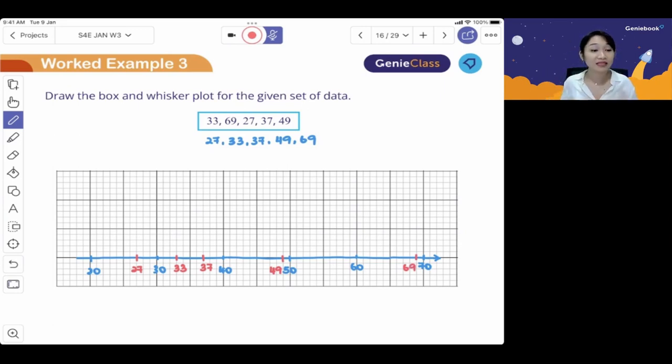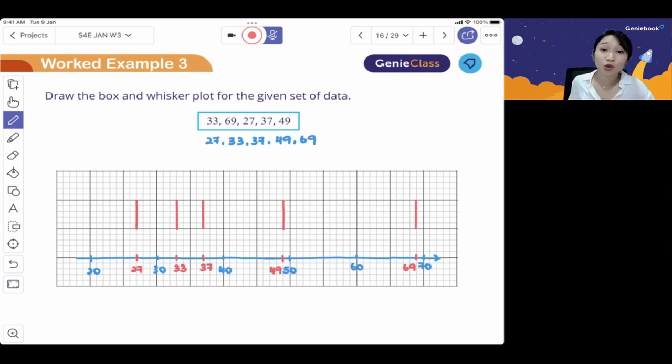So I have my key values arranged. Then I can start by drawing all my lines, here, here, here, here, here, and here. So I have my key values labeled.